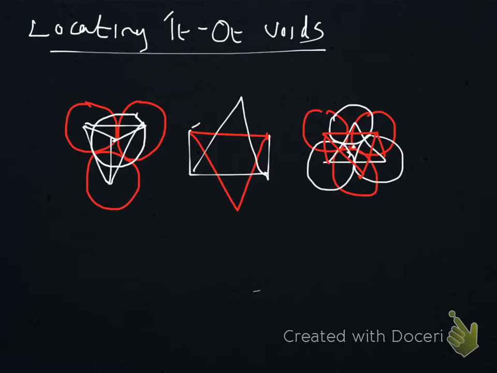Then you have to connect this and this. Then you will get an octahedral void at the center. Since a tetrahedral void is formed between 4 particles and an octahedral void between 6 particles, definitely the octahedral void is bigger in size than the tetrahedral void.